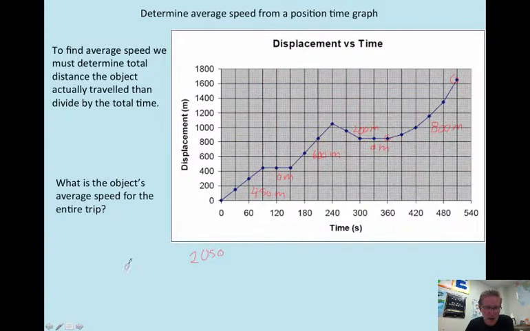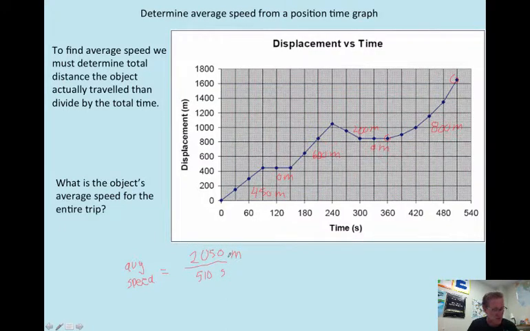And so remember, average speed equals the total distance covered divided by the time that it took to do that. So 2050 meters, and the total time is easy. You just take the furthest point and what time frame is that on, and so that's going to be 510 seconds.